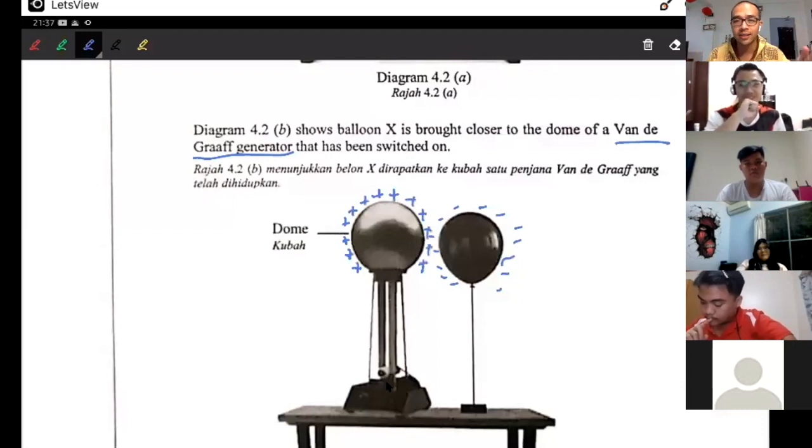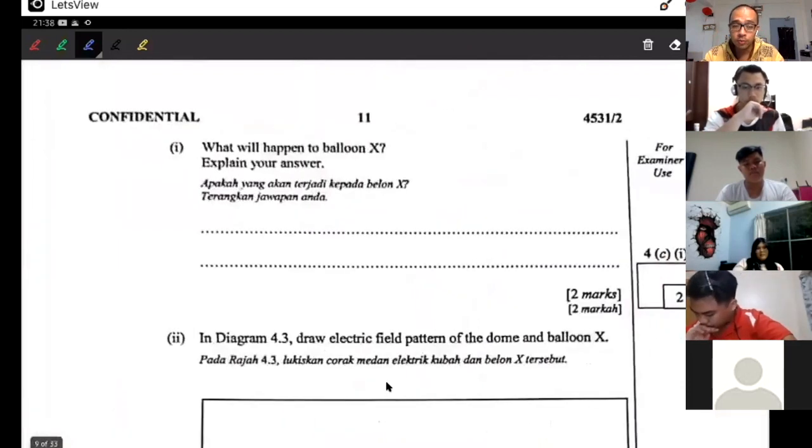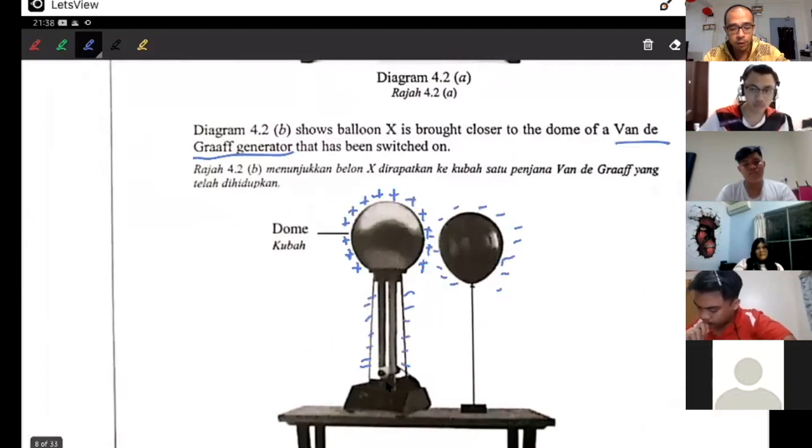Yeah, so it's not true, but basically the Van de Graaff generator, when you turn it on, all the positive charges will go up onto the dome and all the negative charges will be spinning all around here. It will change like that. So what happens to balloon X? Think about it. If this is all positive charges and the balloon is all negative charges, how do you know negative charges?